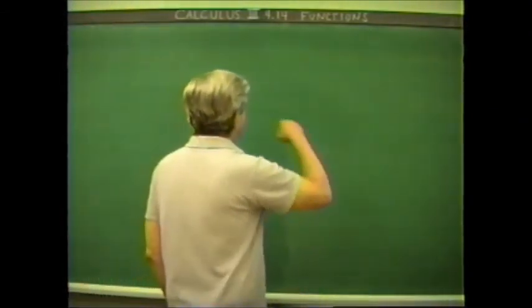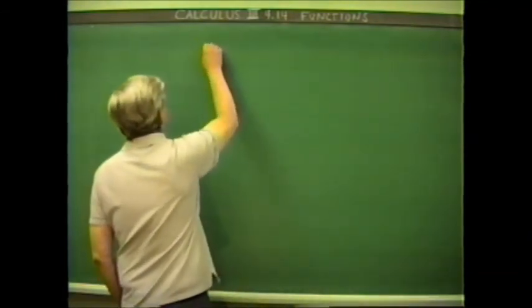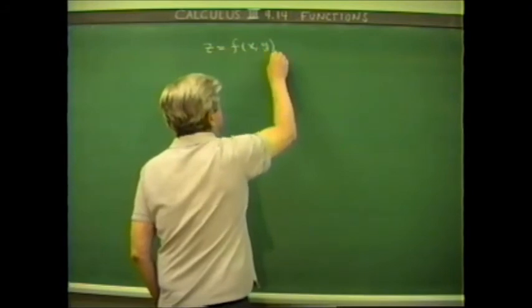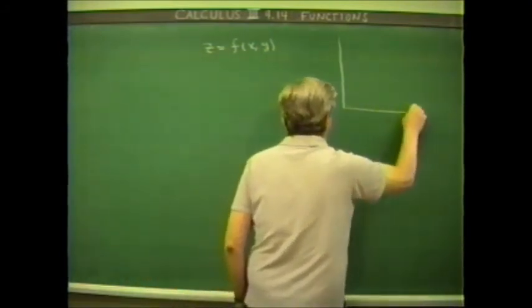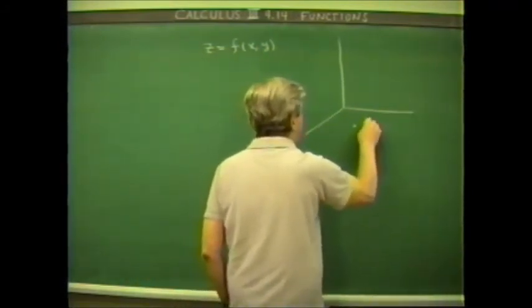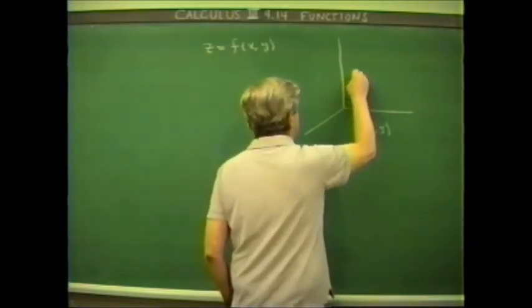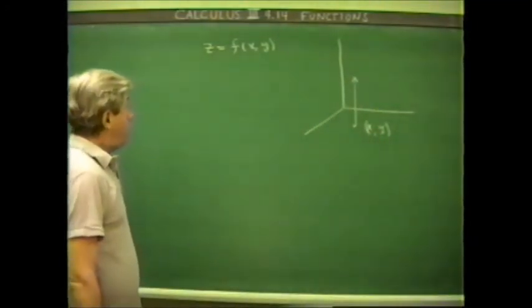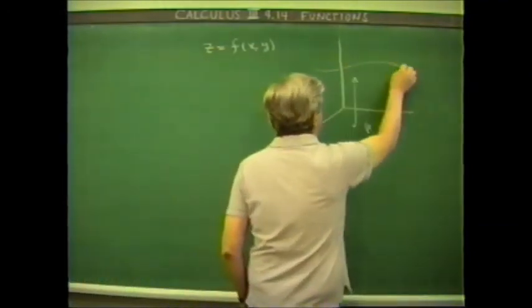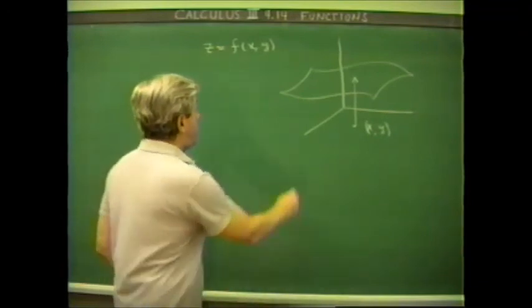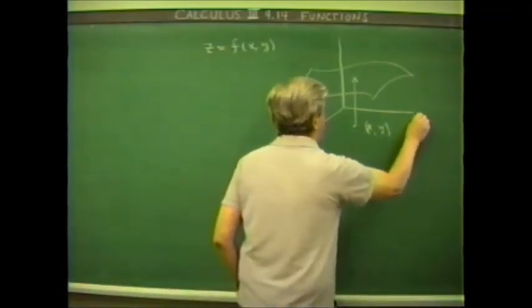The case that is usually considered is where z is a function of x and y. What this means then is that for each point x, y, there's one value z. This is going to result in a surface that is located above the xy plane.